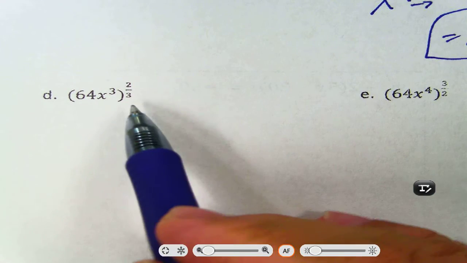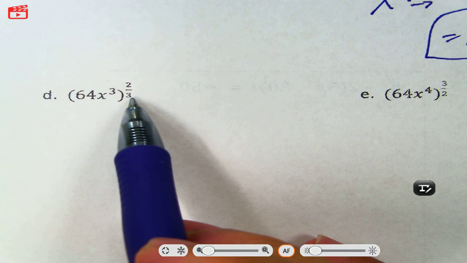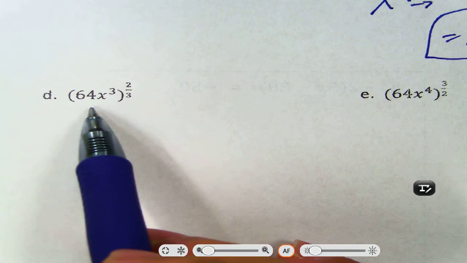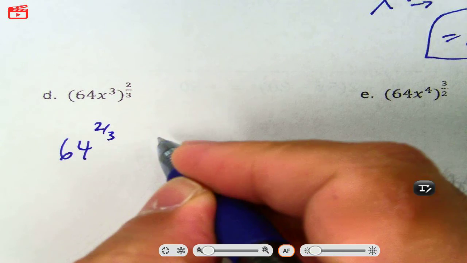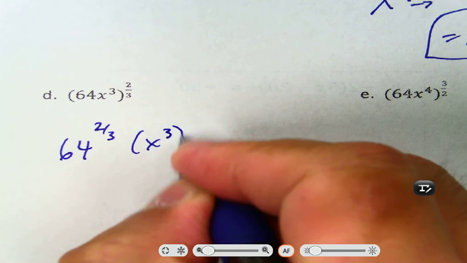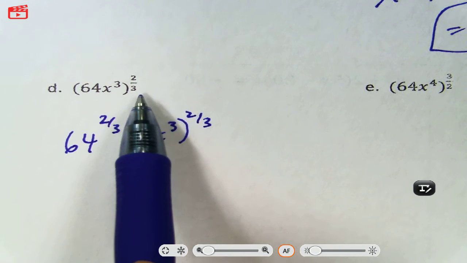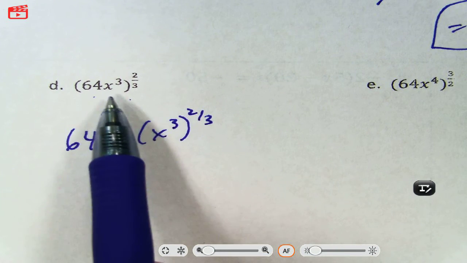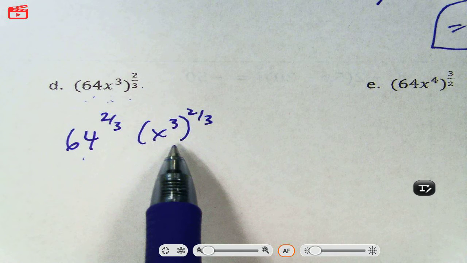All right, so here, this one's going to be confusing because what I have here, I'm going to have to take this exponent of 2/3 and distribute it to the two things inside. So it's going to say 64 to the 2/3. And I'm going to do x to the 3rd to the 2/3. So what I've done is I've taken this outside exponent and I've distributed it to the two things inside. So 64 to the 2/3 and x to the 3rd to the 2/3.